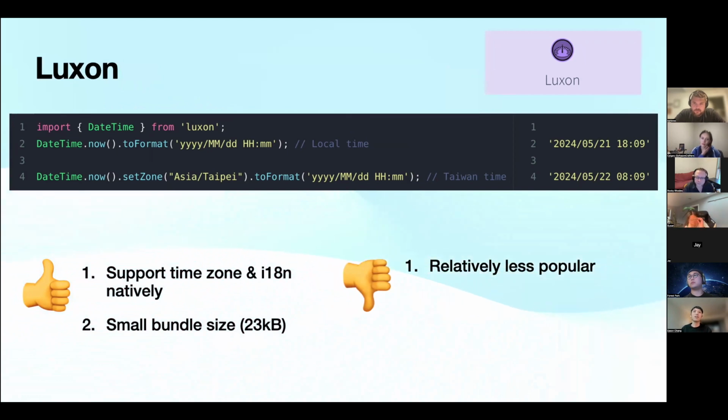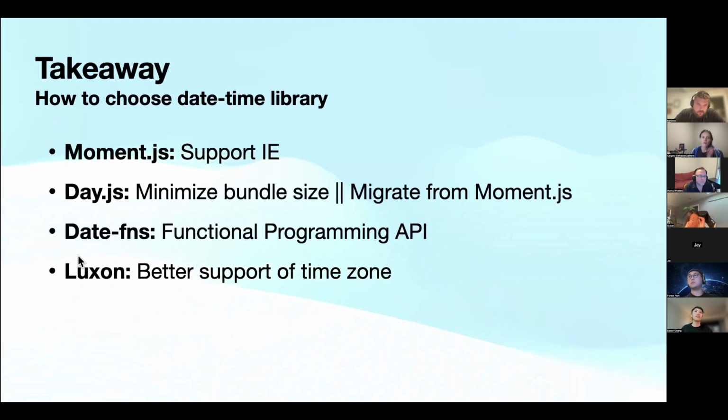So the final takeaway to choose among these four libraries: if your project needs to support IE, then you should go with Moment.js. If you want minimum bundle size, or you are migrating from Moment.js, you should go with Day.js.